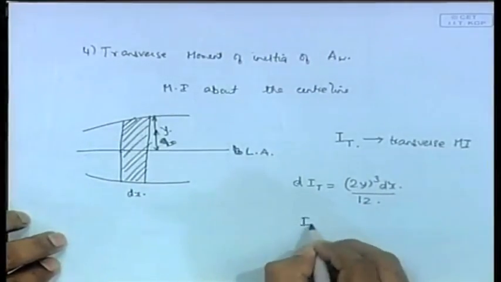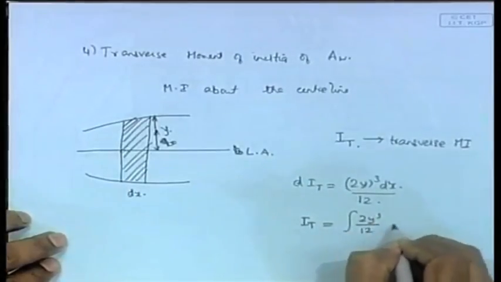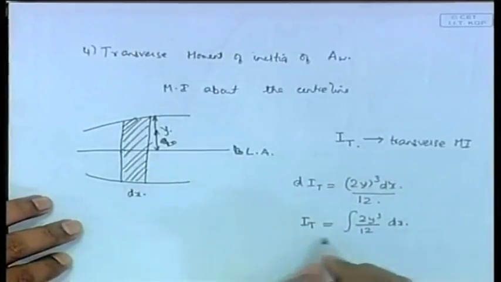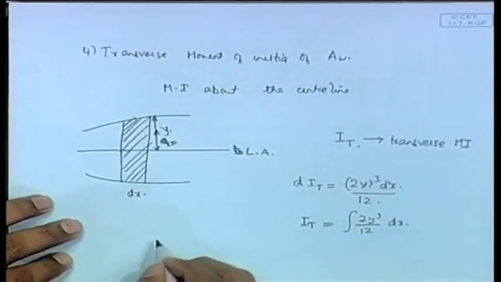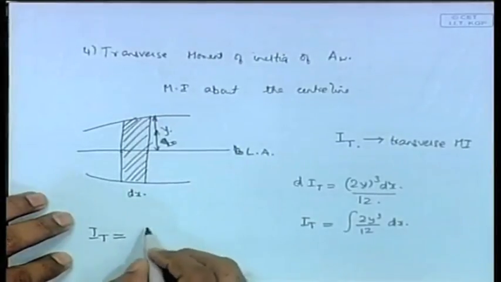The integral of this is the integral of 2y cubed by 12 dx, which we will write in a discrete form.